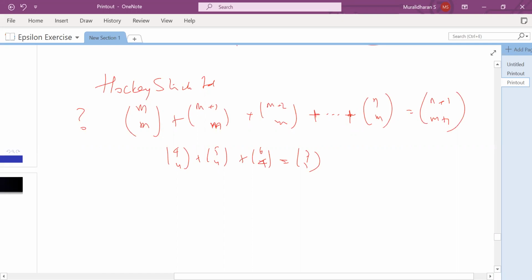Here we have the denominator the same, but the numerator is different.